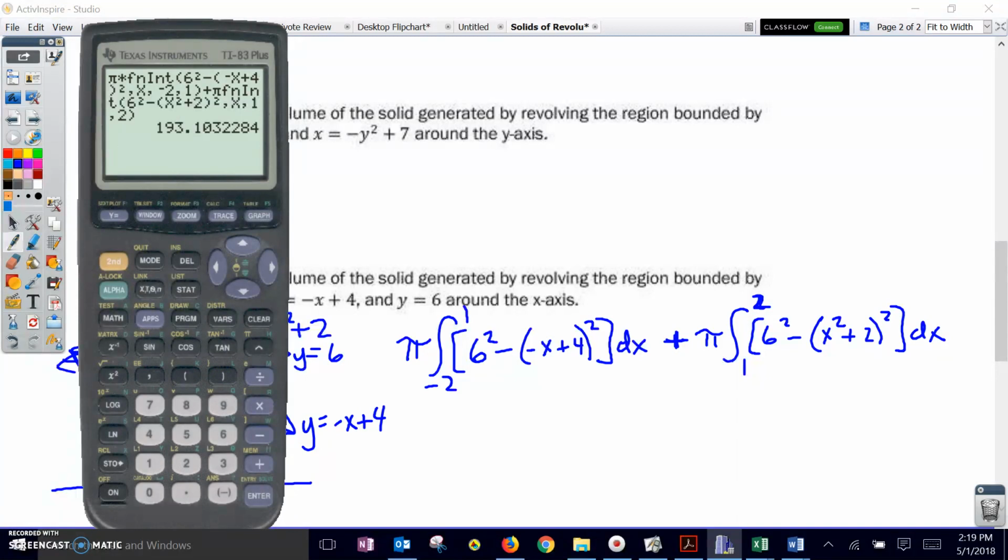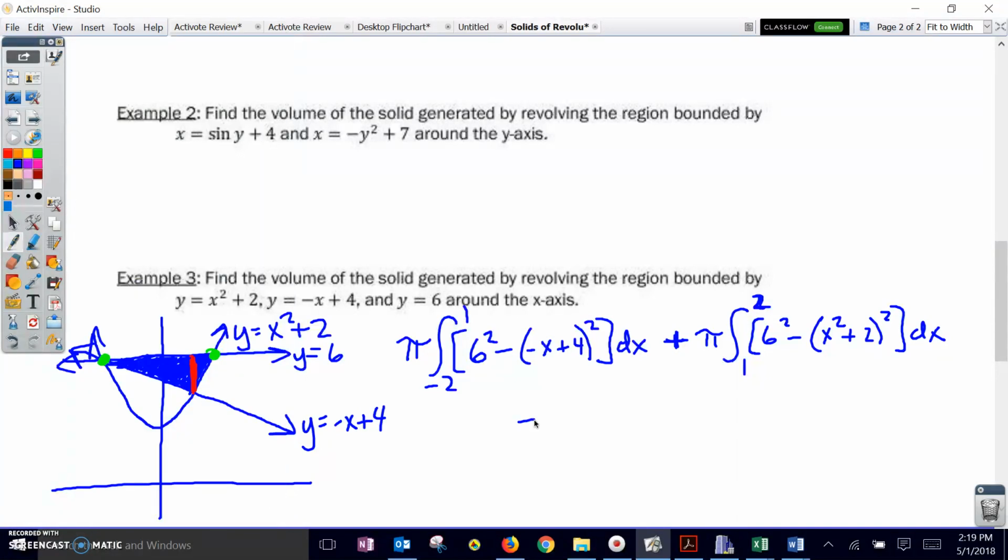And I'll go ahead and calculate that. And I get 193.103 for the volume of this solid. And that ends our lesson on solids of revolution of the washer type.